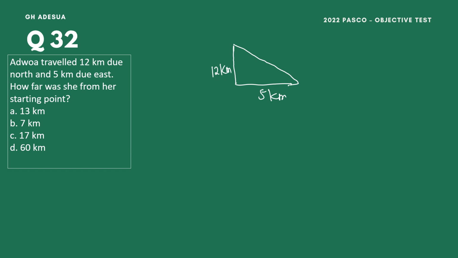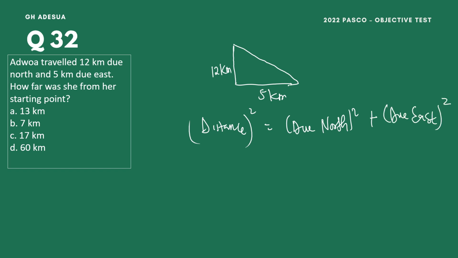It looks like we have a hypotenuse and two sides, so we know the formula for it. The distance from my starting point, the distance squared, equals the sum of both parts squared. So we can just do that by saying d squared equals 12 squared km plus 5 squared km.